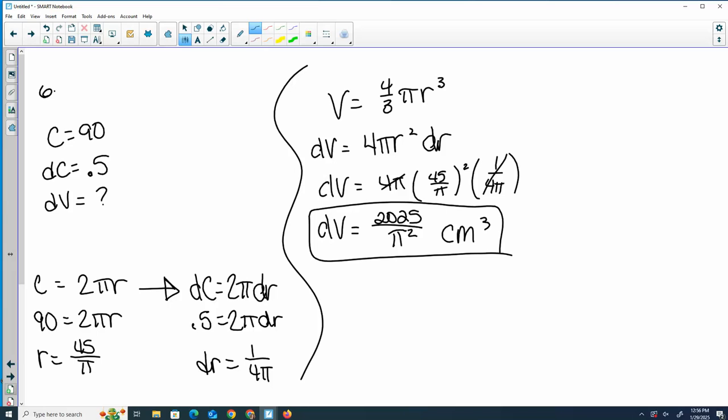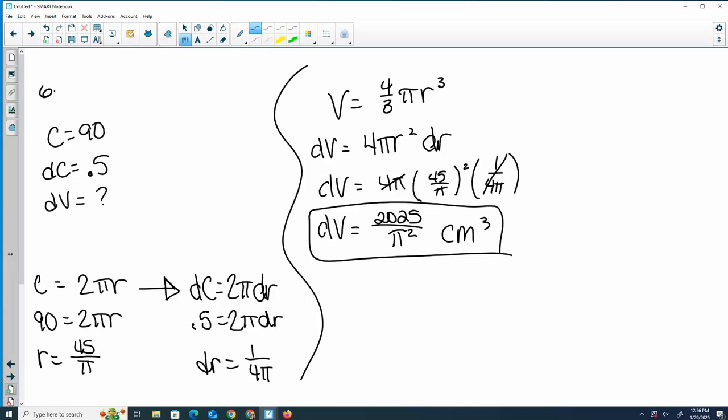Alright, so that one was more involved. That's where all the labeling is very helpful. You're writing all this stuff down. I will give you points for knowing what variables you have, for plugging them into your formulas correctly. So make sure you are keeping track of that. How come when I put that into my calculator, it just says 2025? It doesn't do it over pi squared.